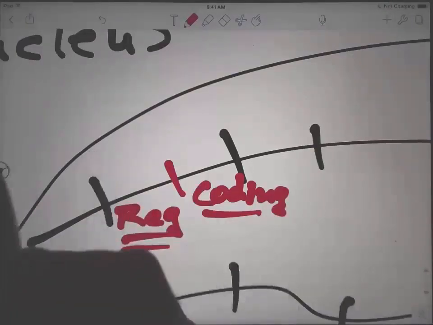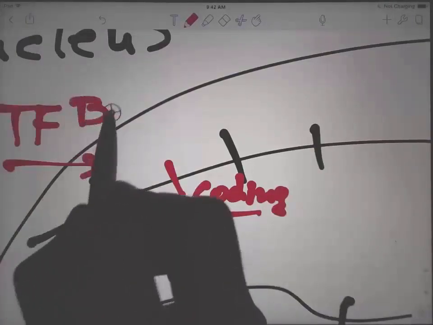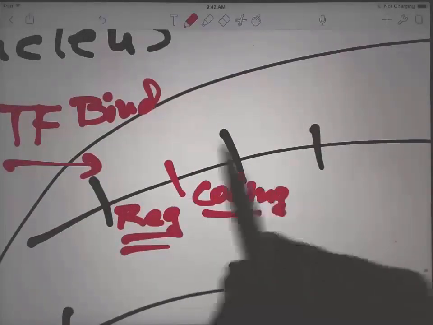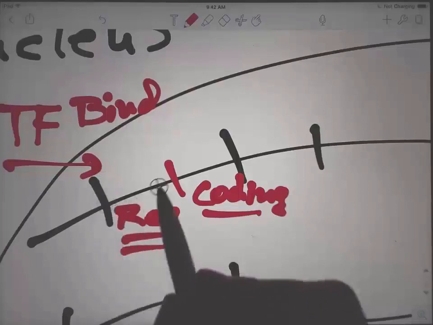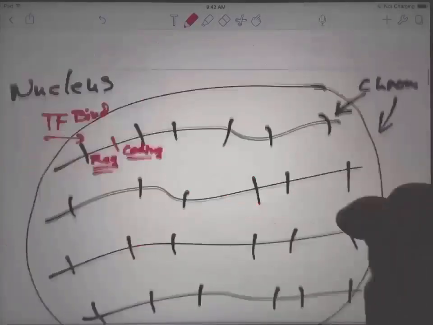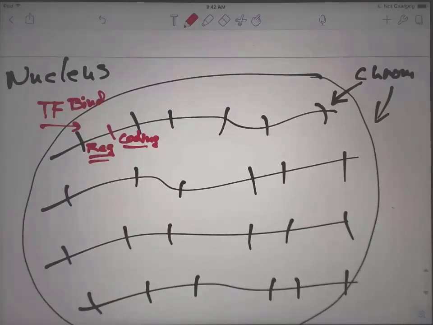So this is where transcription factors would bind to control whether or not the coding region is expressed. So binding here in the regulatory region, and then the coding region here. Some of these genes are transcription factors, and they're involved in development, and other genes are structural genes, or they might be enzymes. So genes for particular proteins that form part of the structure of a cell, or for enzymes that convert one type of molecule or molecules into other types.